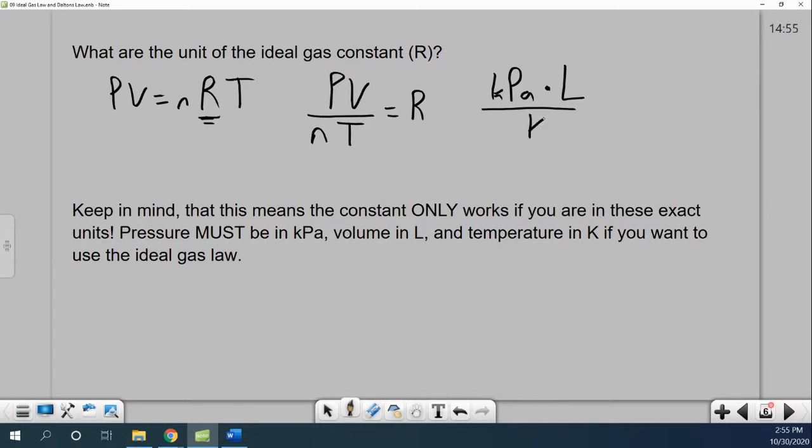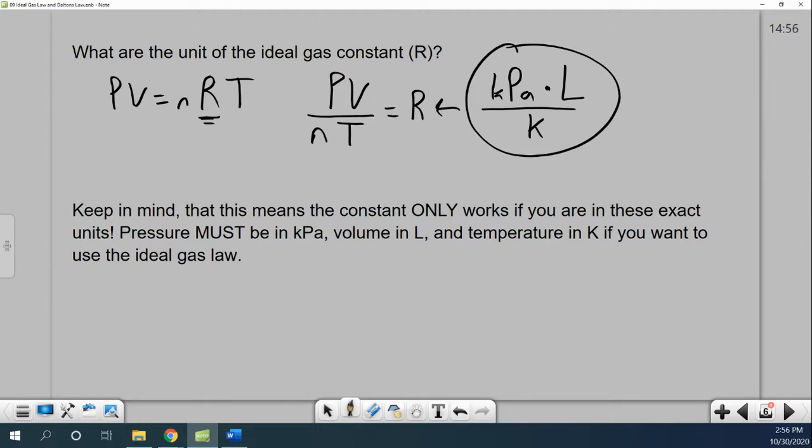Temperature is in Kelvin. So my units are kPa liters per Kelvin. That's weird. What does that mean? I don't know what that means. And you'll find this pretty often with constants. A lot of times the units don't make any physical sense as to what they actually are talking about. It just so happens to be some fundamental number that works in the equation. So our units are kPa liters per Kelvin for the ideal gas law.